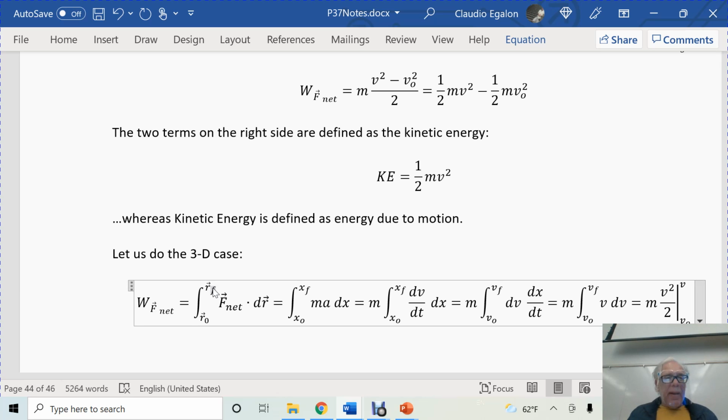Makes sense? We're integrating on the position vector. Consequently, we have to apply limits in terms of the position vector.